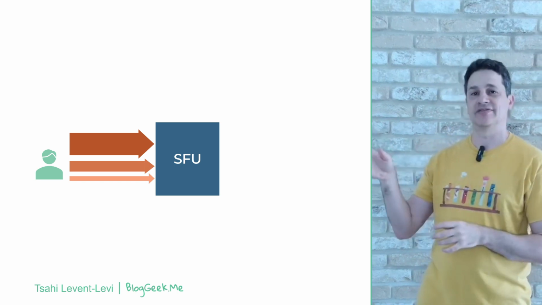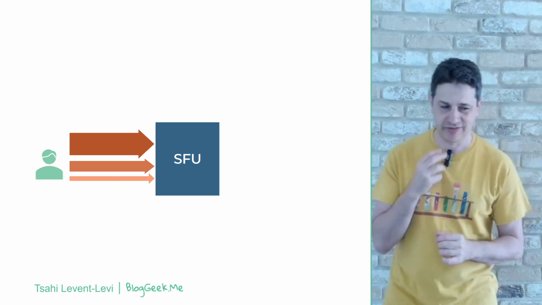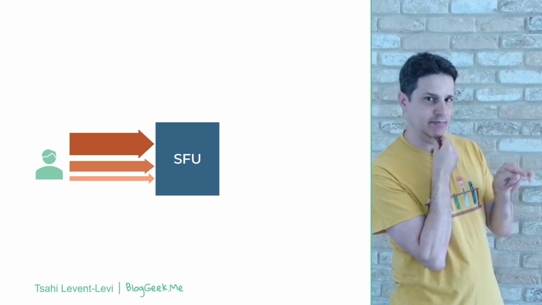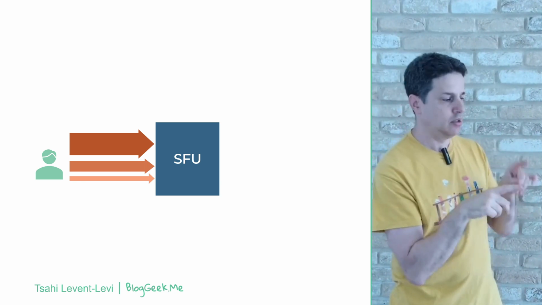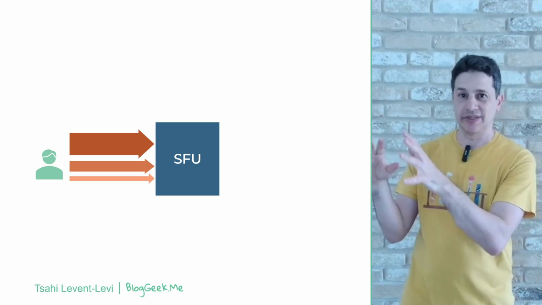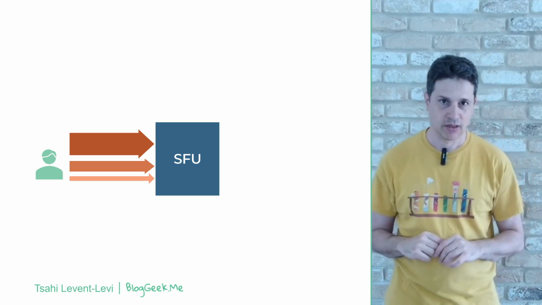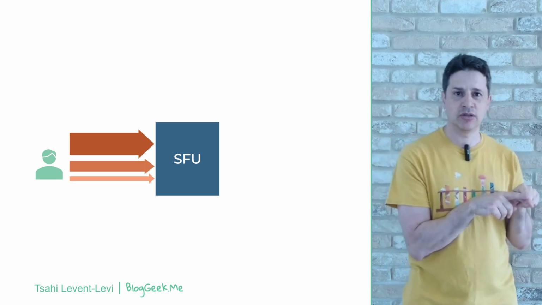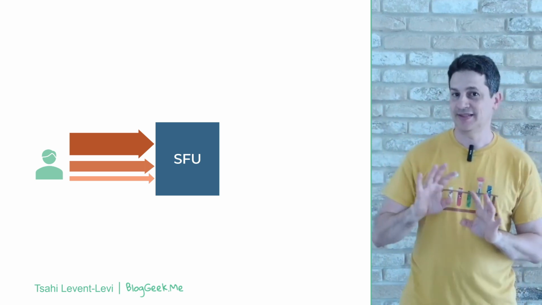All 3 go into the SFU, our media server, and the media server is going to look at them and say, this bit rate, the mid-level or the lower or the higher, fits that user because of his network, the layout on the screen, or whatever the reason is. So the SFU can now selectively pick and choose out of these 3 bit rates which one to send where. It's great.